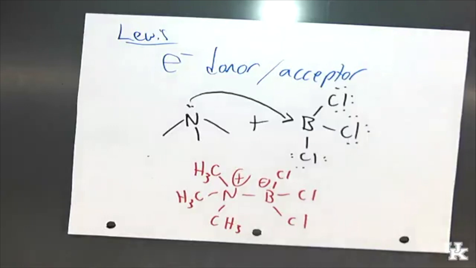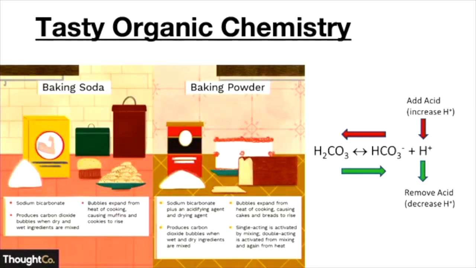Those are two full plus and negative charges there. And for now, in this chemistry course, that's all you need to know at this point. We'll go over probably a few other examples of Lewis acidity and basicity a little later. But lastly, let's talk about something a little more fun.